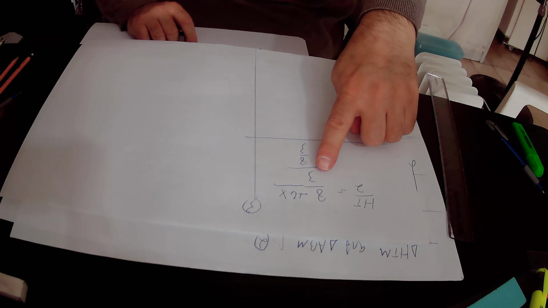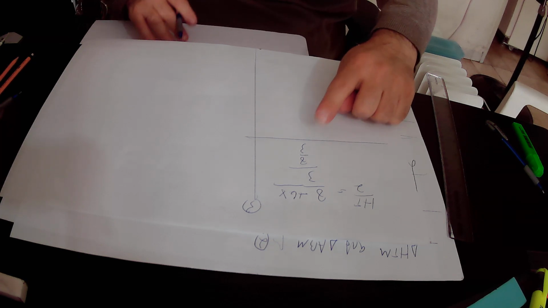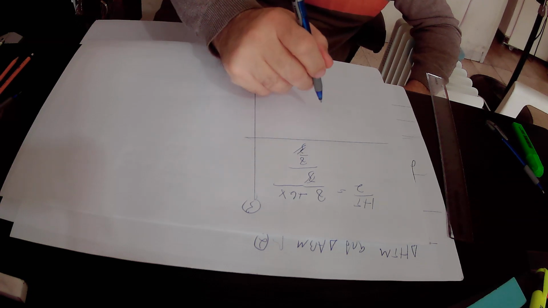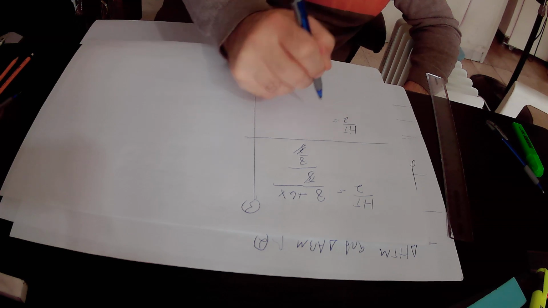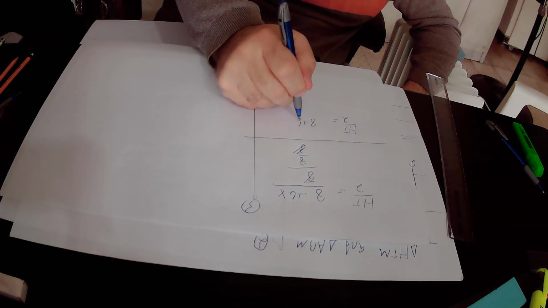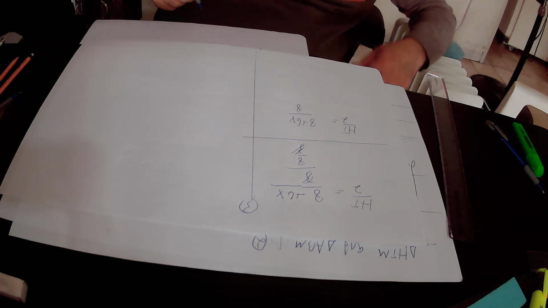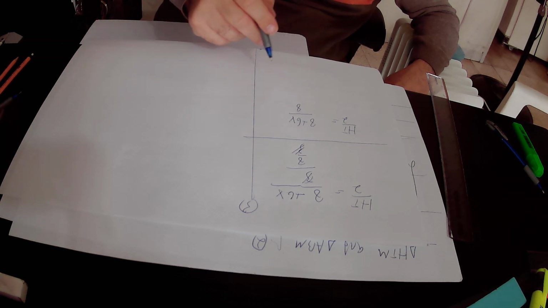Here we have 3 in the numerator and 3 in the denominator, so 3 will get cancelled. After we cancel 3, we are left only with HT over 2 equals 8 plus 6x over 8.